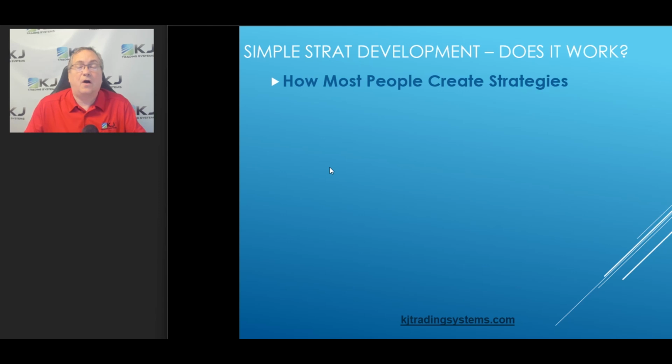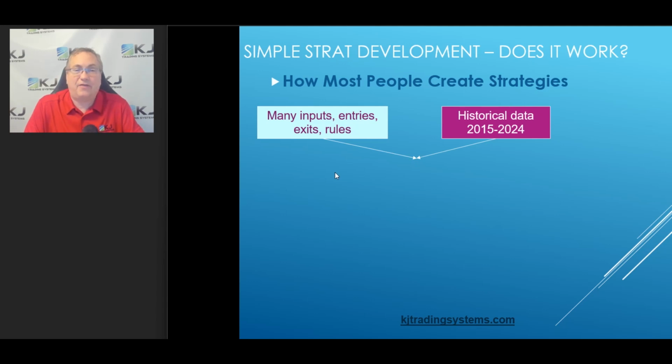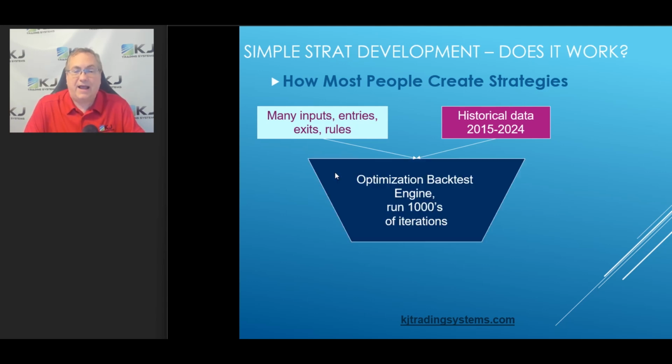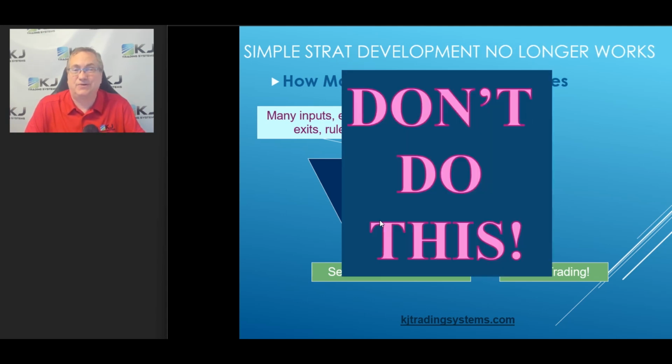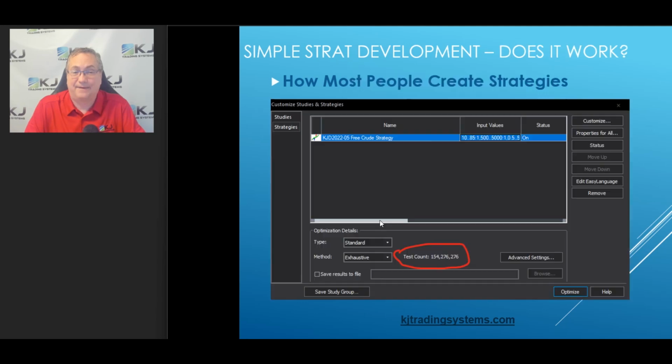Okay, so let's first talk about simple strategy development, how most people create strategies. They take all their inputs, all their data, they throw it in the optimization engine, they select the best parameters, and they start trading. That's how the software is built in most major platforms. If you learn nothing else from this video, just don't do this. This is bad.